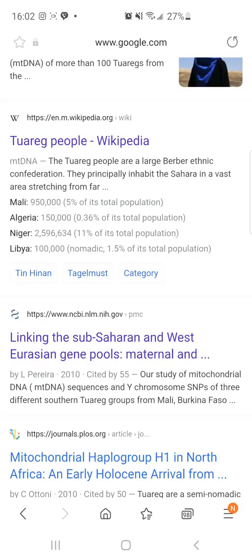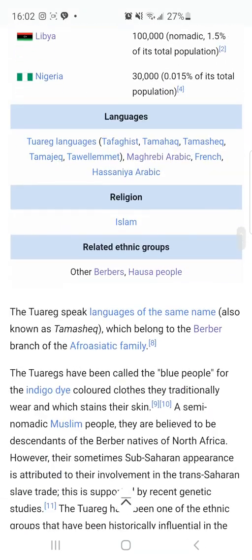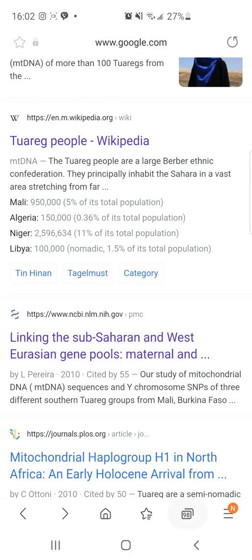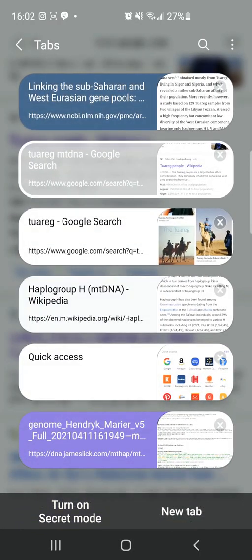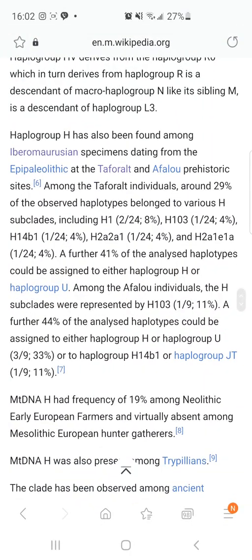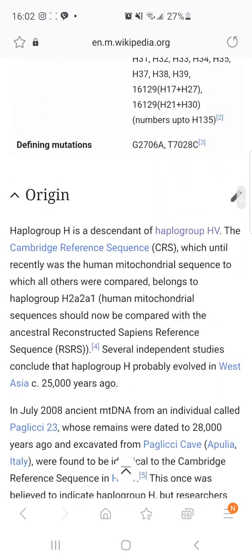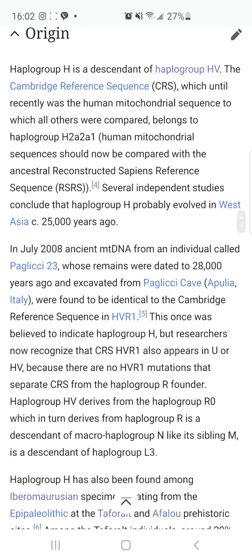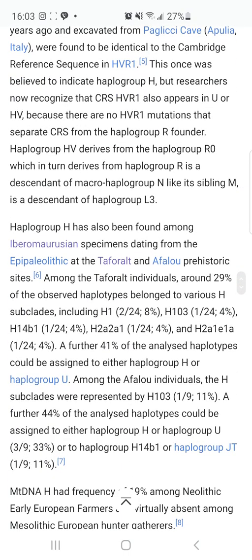Sorry, my information is a little bit all over the place, but we'll get to it. So right there, it says haplogroup H has been found among Ibero-Amazigh specimens dating from the Paleolithic at the Taforalt and Afalou prehistoric sites.